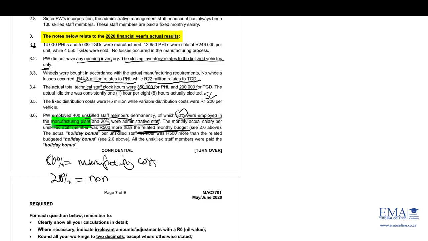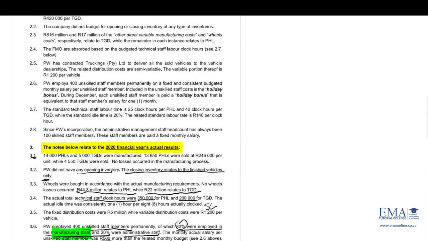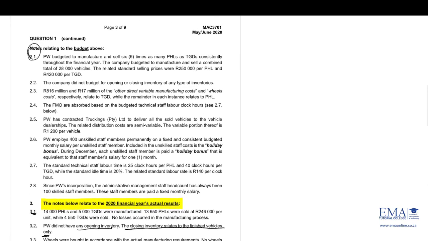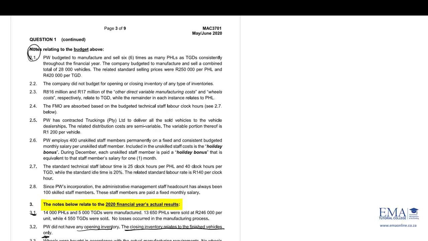So if you go to note number 2.6, here they say PW employs 400 unskilled staff permanently on a fixed and consistent budgeted monthly salary pay. Unskilled staff cost includes the holiday bonus. During December, each unskilled staff member is paid a holiday bonus that is equivalent to that staff member's salary for 1 month.